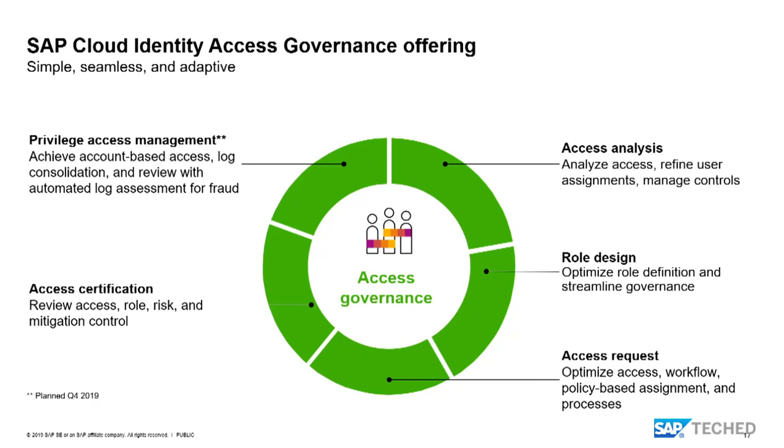But what else do we have in identity access governance? There's a number of functionalities. Later I will look mostly at the role design service, because that's what this session is about. But there are also the other capabilities that you would expect from an access governance solution. So we have access analysis, meaning the ability to read access information from a landscape into our central repository and then do analysis on top of that.